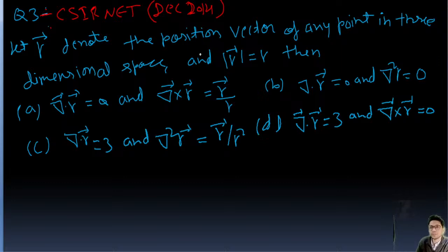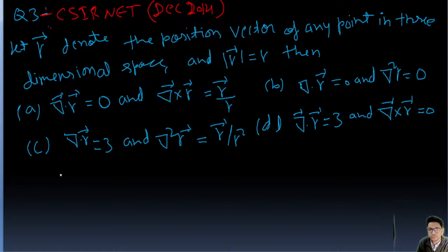Let R denote the position vector of any point in three-dimensional space. R is a position vector which is given, and mod R equal to R. Then which option is correct? Okay, divergence of R equal to 0, or divergence of R equal to vector R upon R. These are the options which are given.